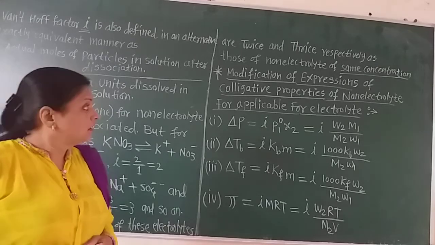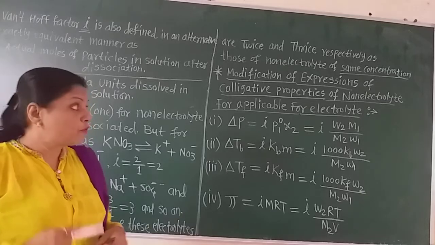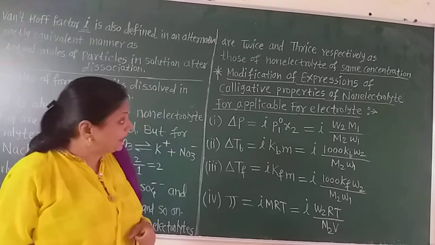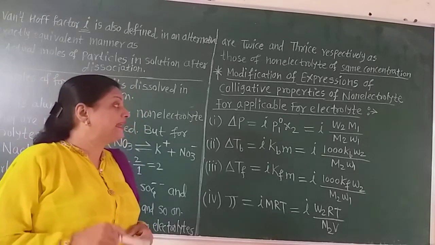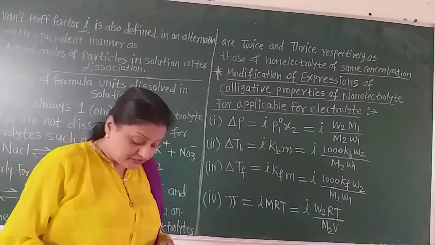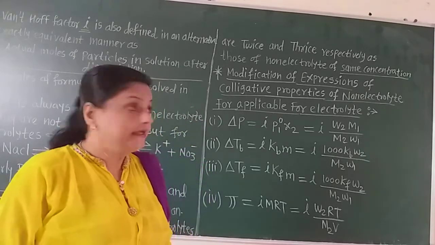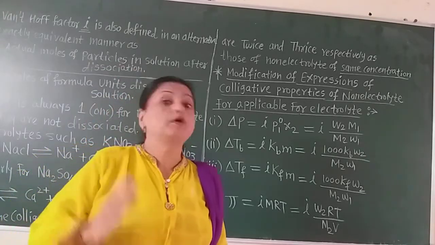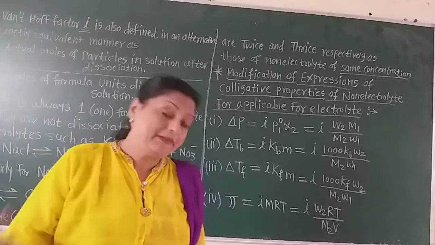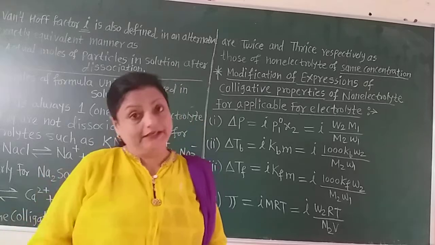Now consider the modification of expressions of colligative properties of non-electrolyte to make them applicable for electrolyte. These expressions of non-electrolyte must be modified for application to the colligative properties of electrolyte.